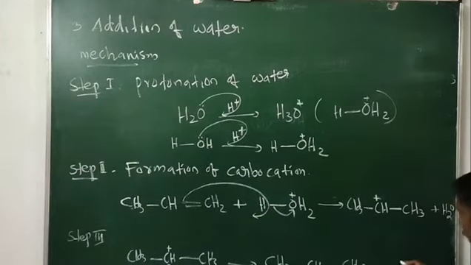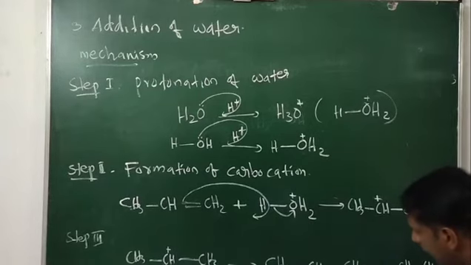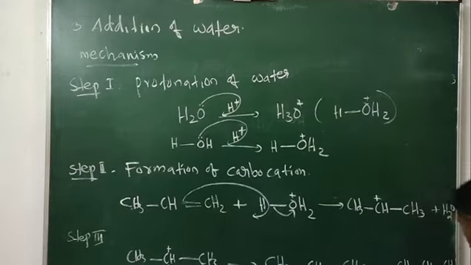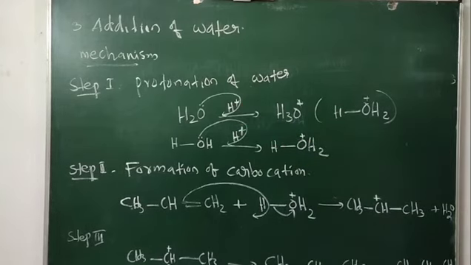We get CH3CH(OH)CH3, the positive charge is removed, and plus what will form? H+. Our H+ is regained. This H+ is generated back. This is used as a catalyst, and it is generated back.